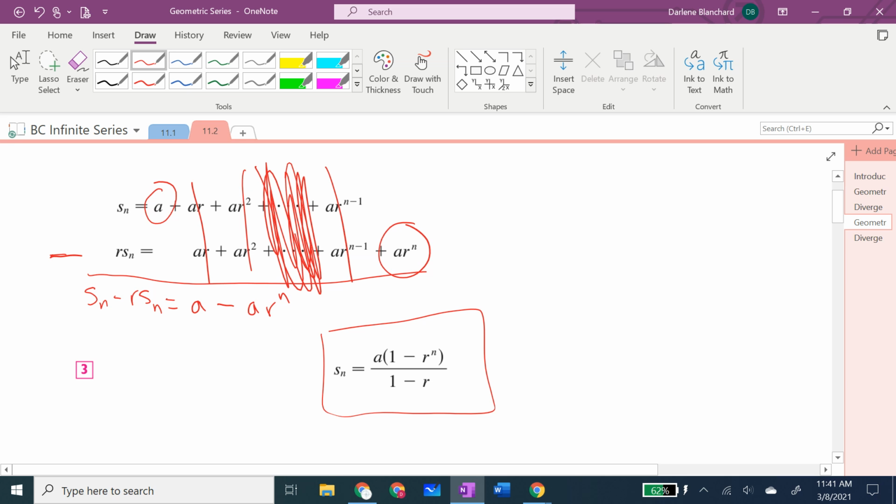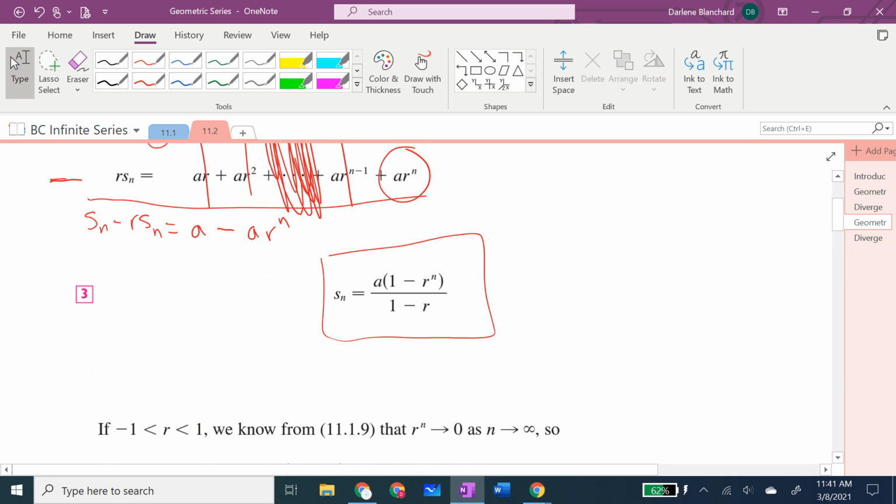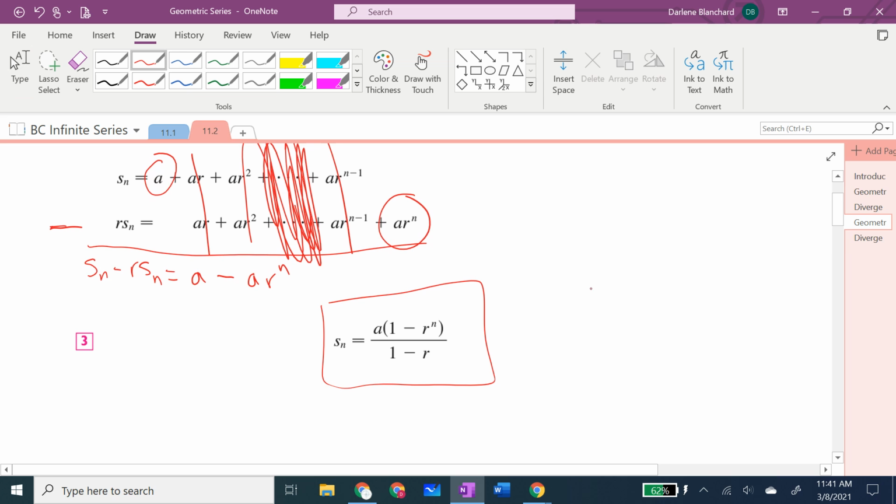Now, the infinite geometric series, and I'm having to put n minus 1 because I'm starting at n equals 1.